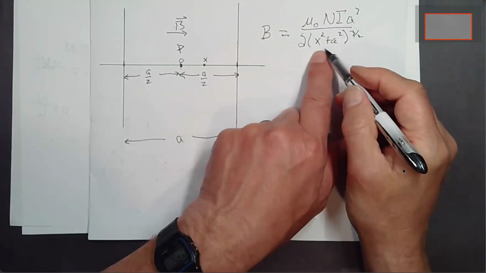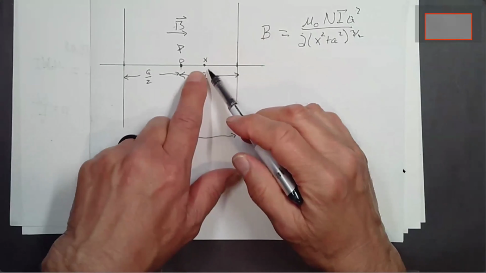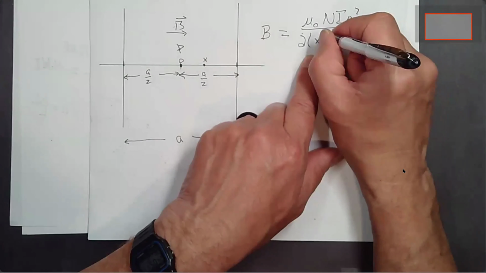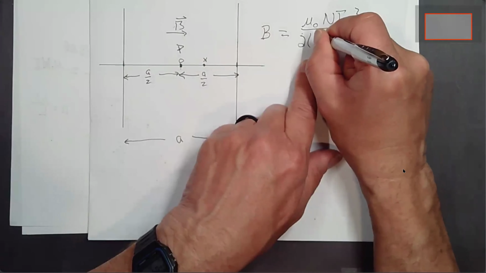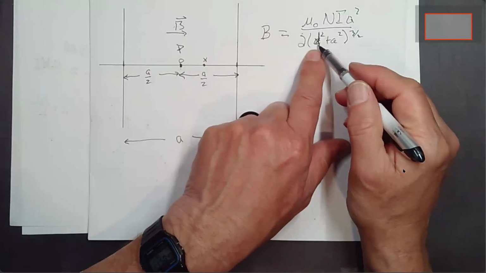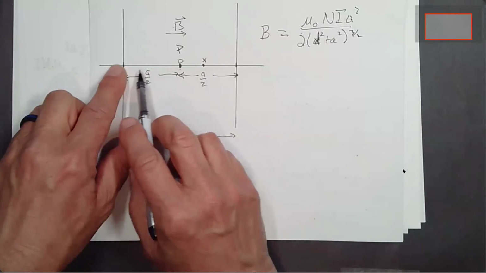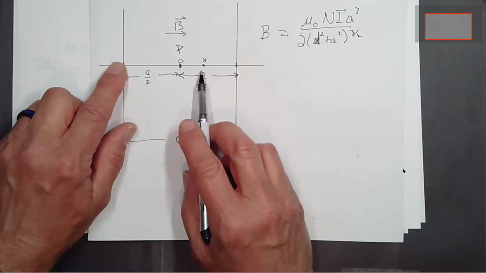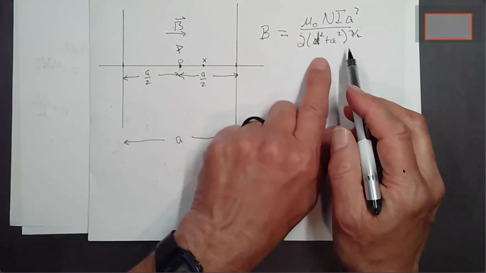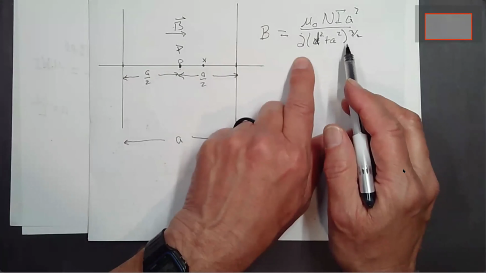Now, this x is not related to this x here. It might be better to call this thing d, d squared. It's an x in the book, but d would be the distance you are along the axis away from the center of the coil. And so we'll be able to use this expression here.